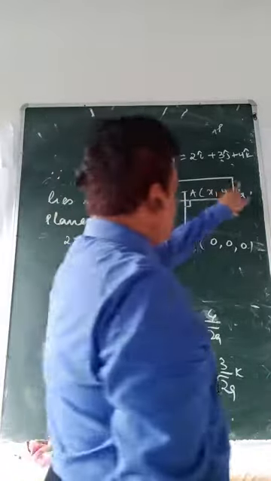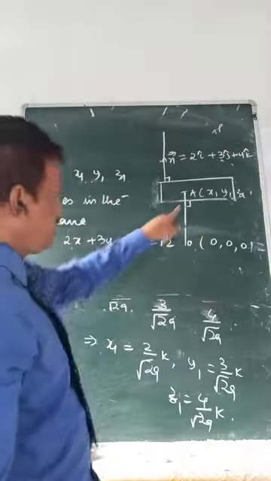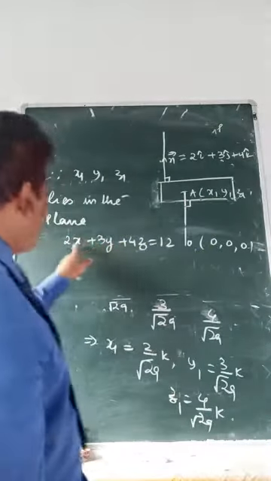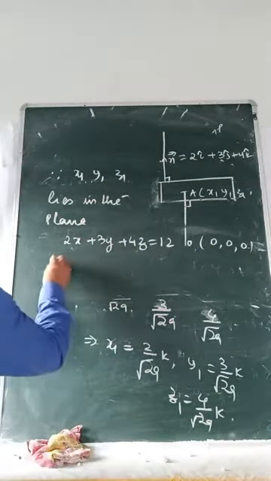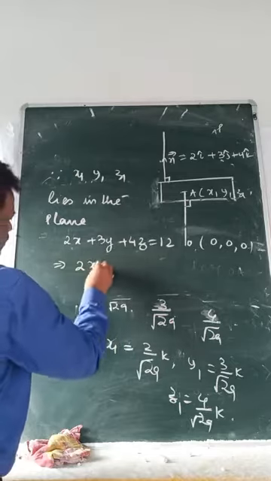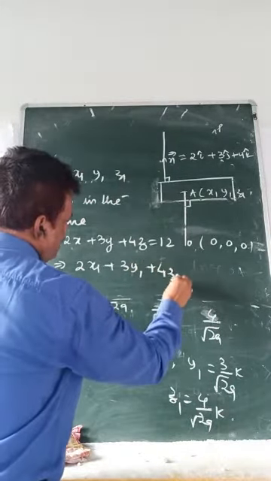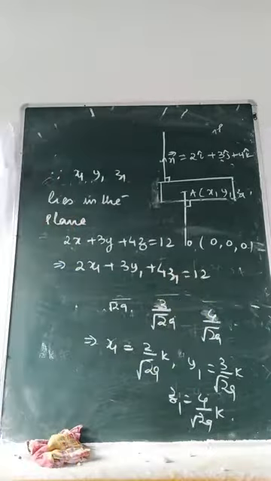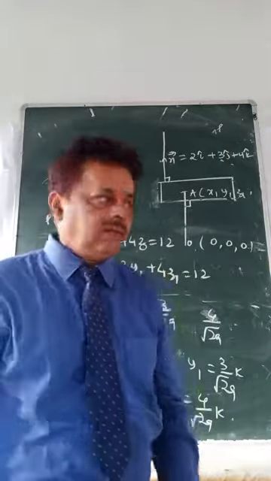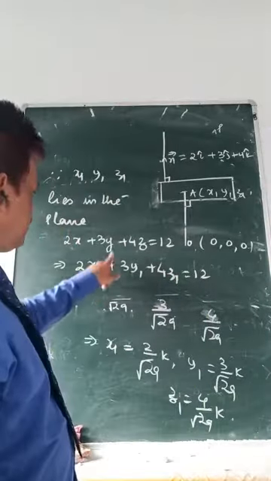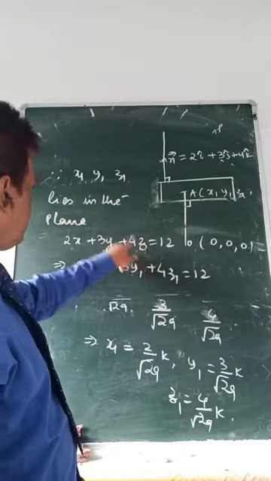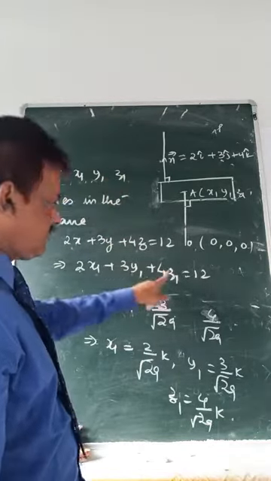Because this is the plane whose equation is this. x1, y1, z1 will be a point on this. That means you can write 2x1 plus 3y1 plus 4z1 equals 12, because x, y, z are replaced by x1, y1, z1.